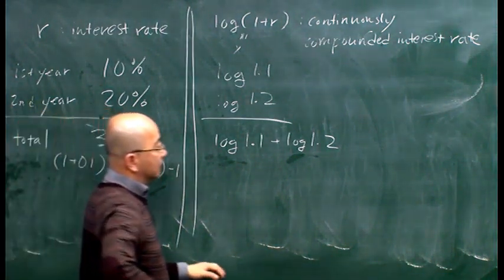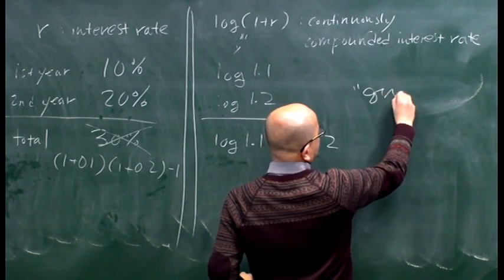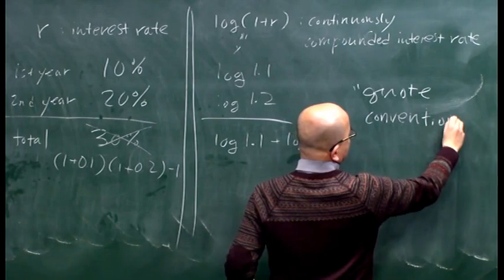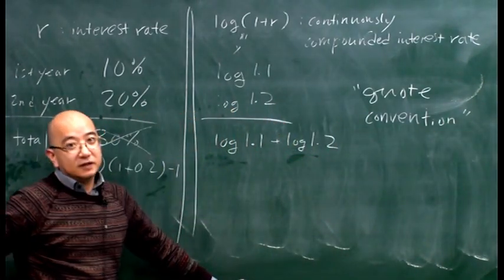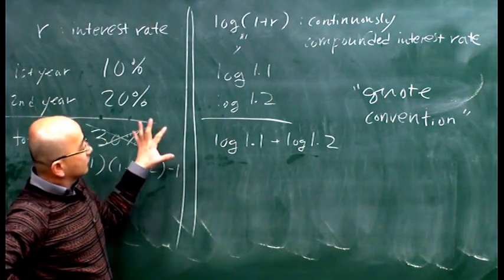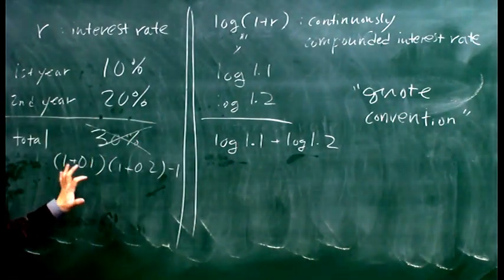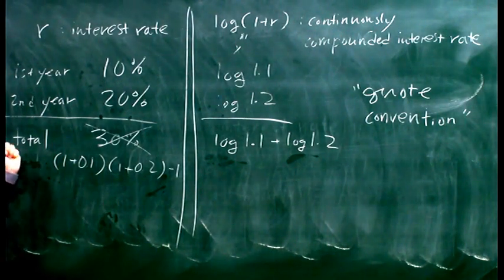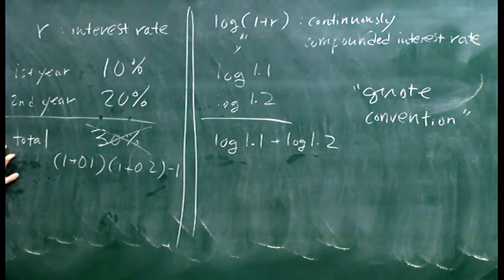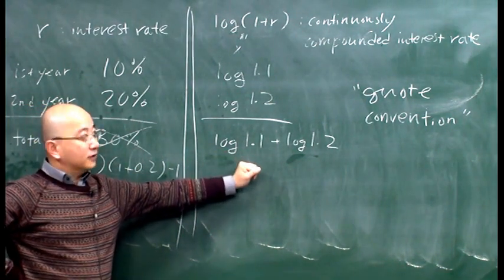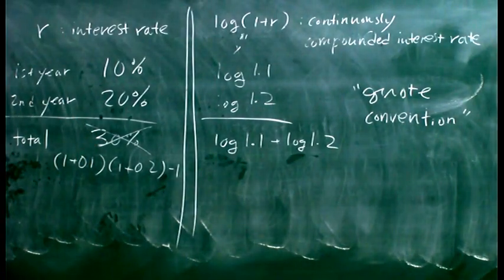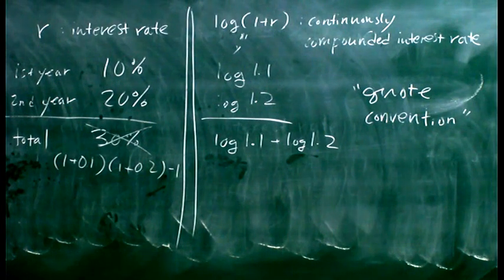It's just a quote convention. That is, it's a matter of how you quote the interest rate. It's not about the underlying situation. You just decide to quote the interest rate, in this case using the simple interest rate, and in the other case you decide to quote the interest rate using the continuously compounded interest rate.